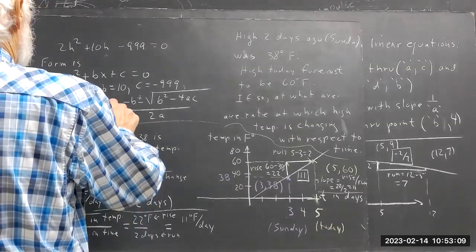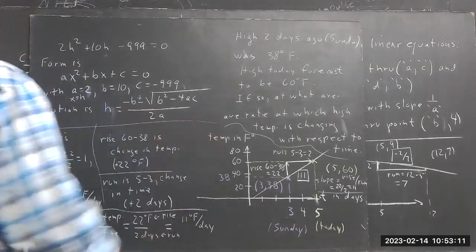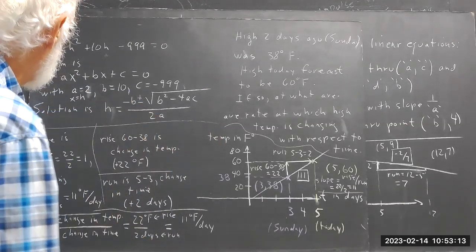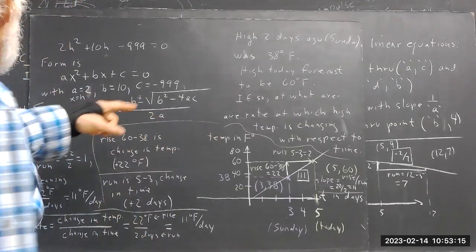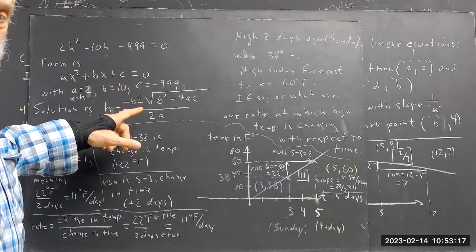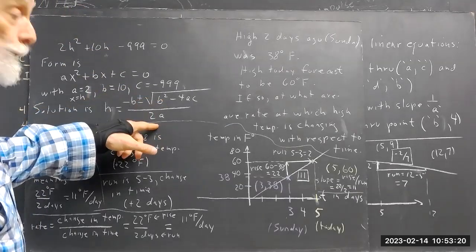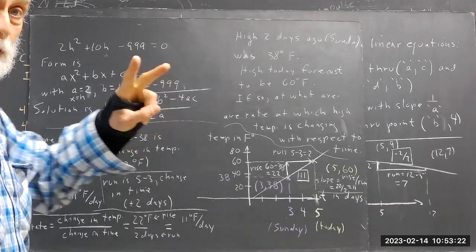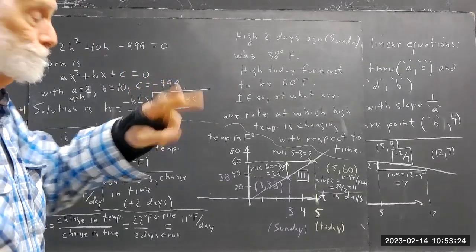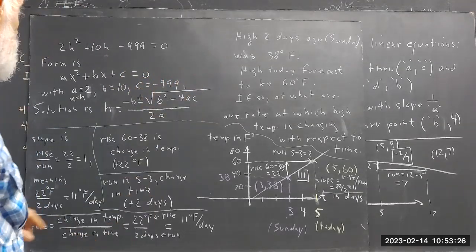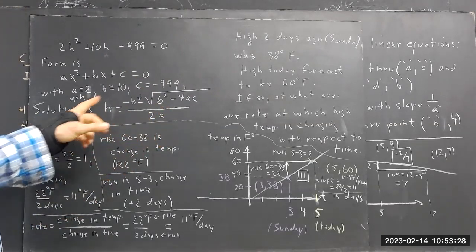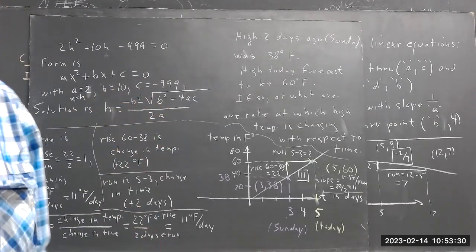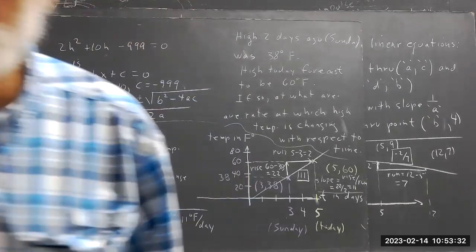So I can say in this case, it's h that's equal to this. Well, you just plug these three numbers in here and simplify it, and you get two solutions. So that's all I'm going to say about it right now, but it'd be worth doing that. You got those numbers. Okay. One place.